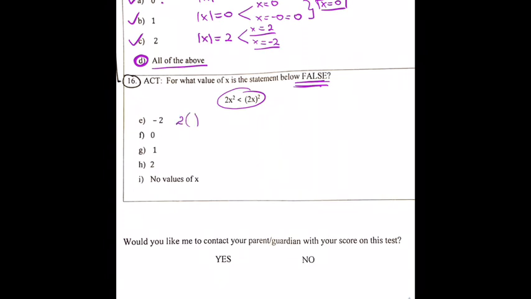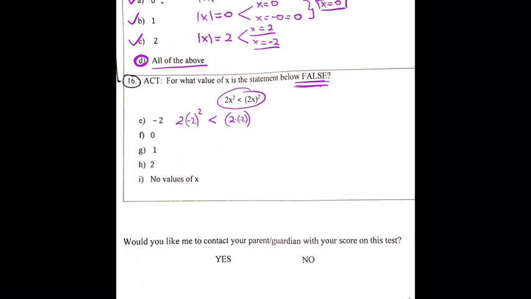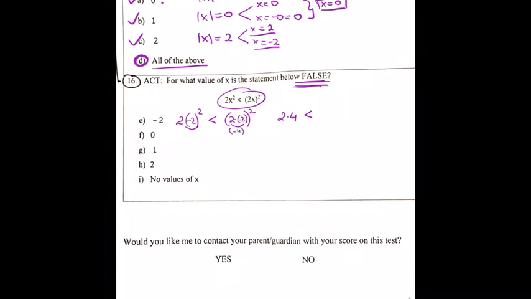I have 2 times -2 squared less than, parentheses, 2 times, instead of x, I'll plug in -2, everything squared. What is -2 squared? Well, -2 squared is 4. So I get 2 times 4 less than, first I solve the parentheses. What's 2 times -2? Well, that's -4.